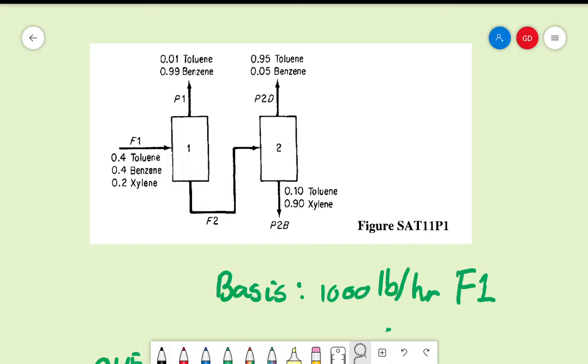But if we use these other components, we're going to have unknowns in P1 and in P2B. So that's the wisest component balance to start with. It's the least appearing because it's only in stream F1 and stream P2B.